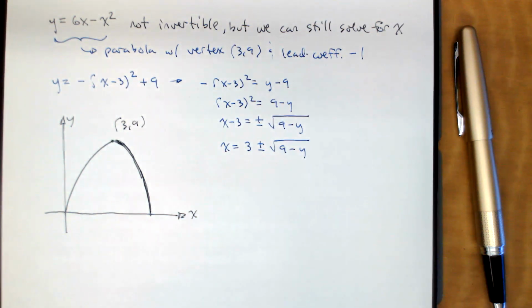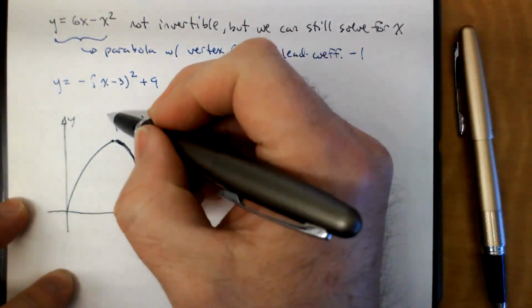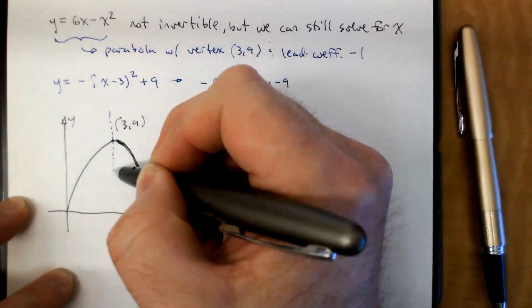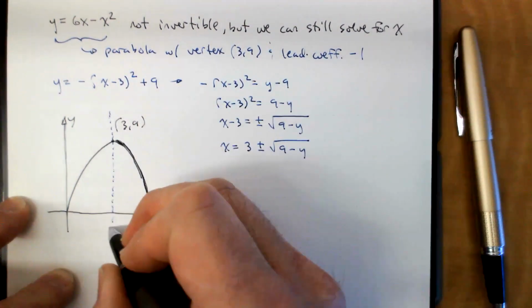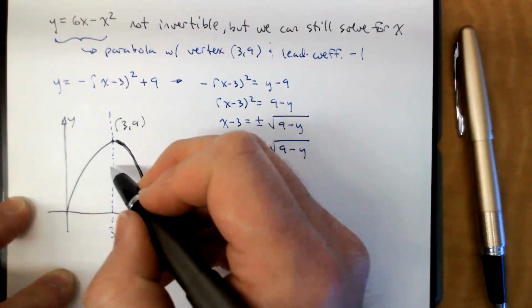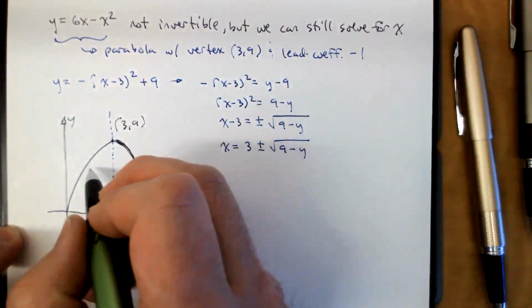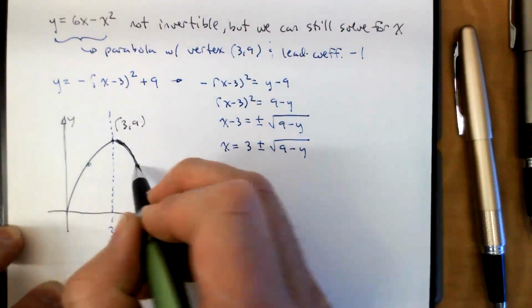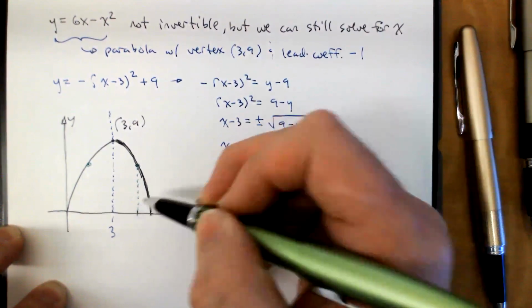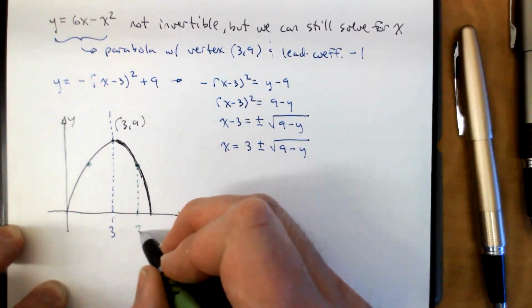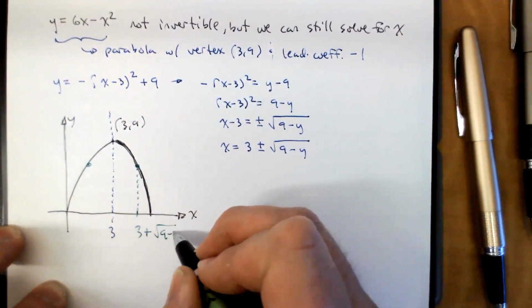If we're at the same y value, or the same vertical distance, we'll be the same distance away from the axis of symmetry. So here's the 3 in the middle. That makes this x coordinate 3 plus the square root of 9 minus y.